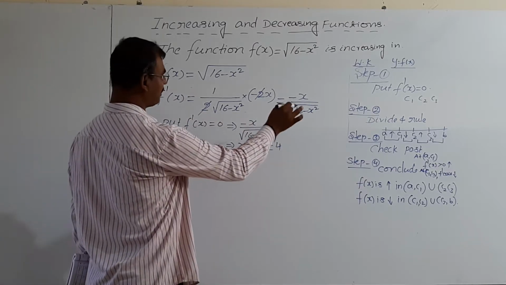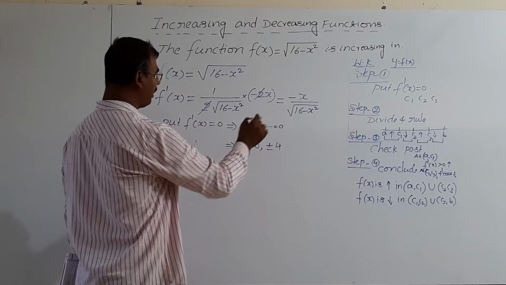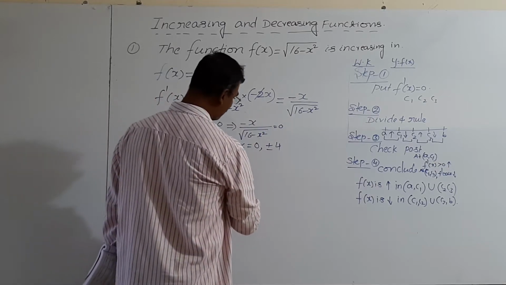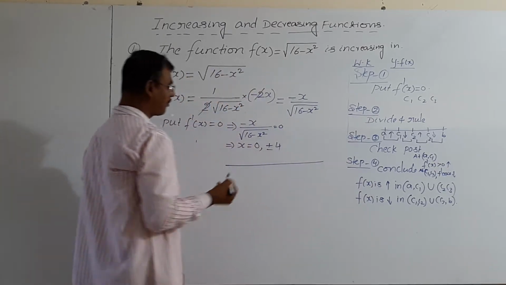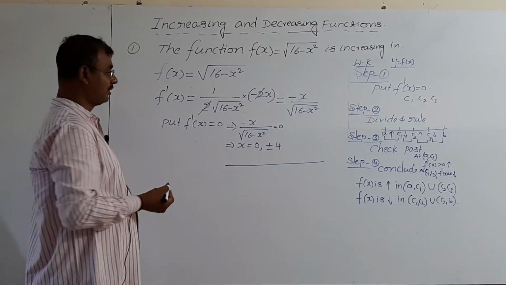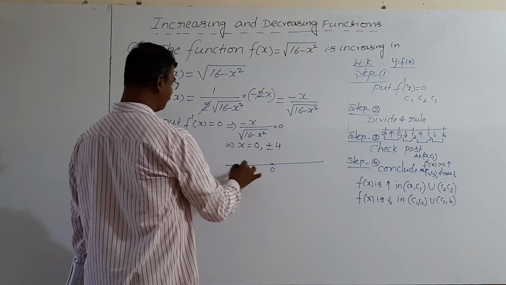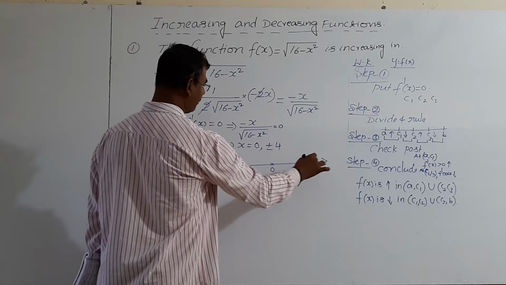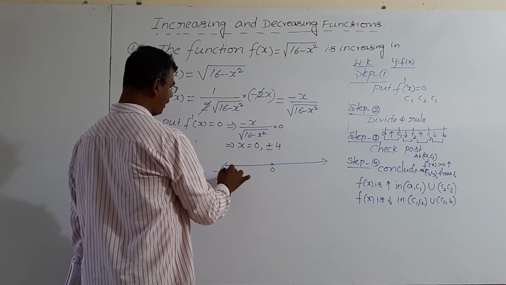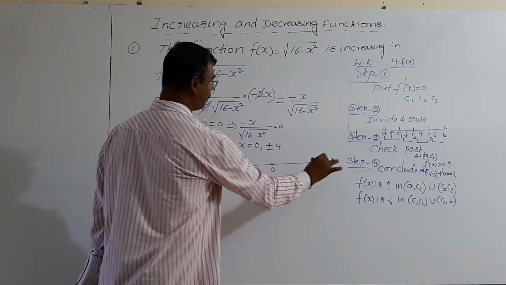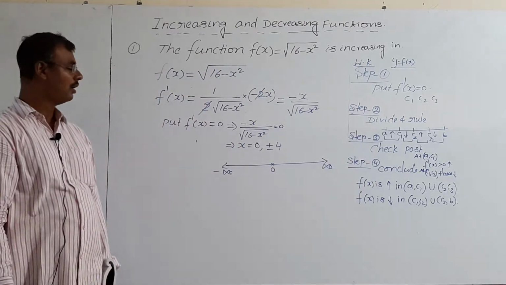After finding c1, c2, c3, use the divide and rule method. Take the real number system, minus infinity to plus infinity.